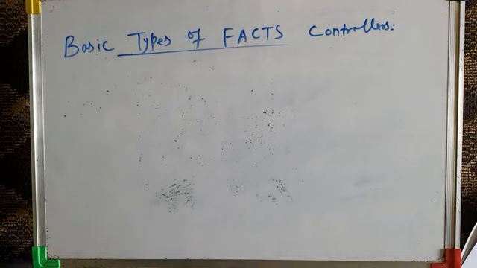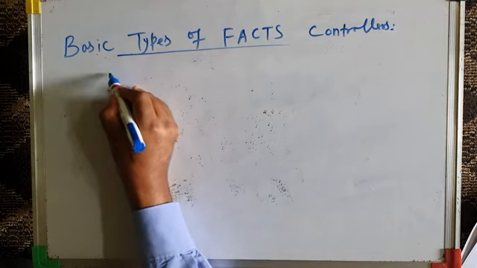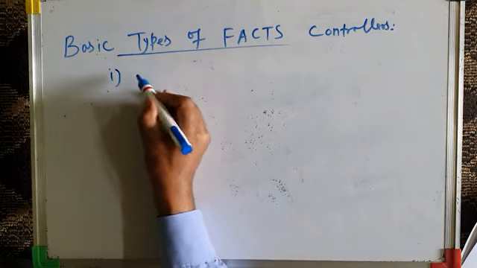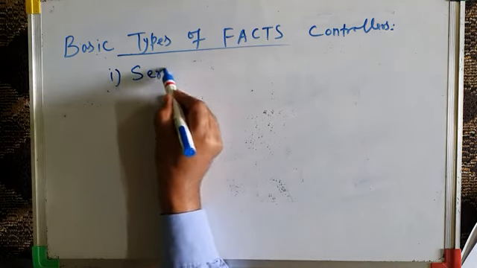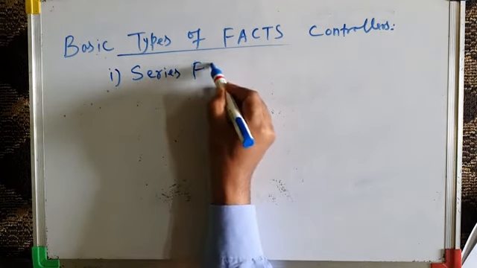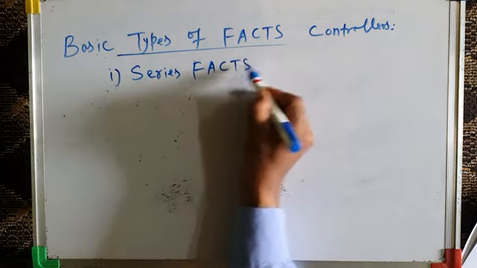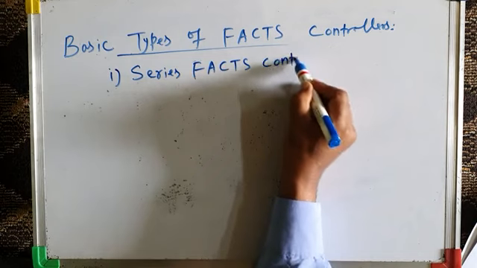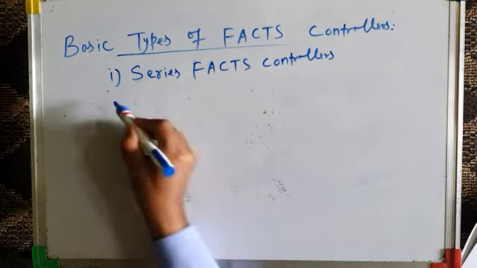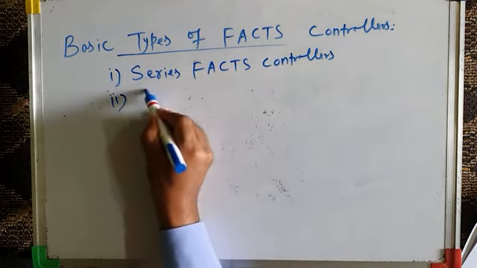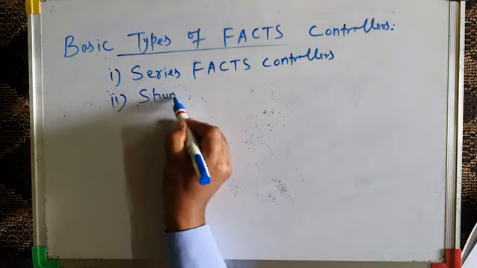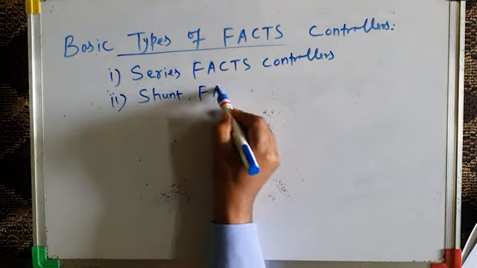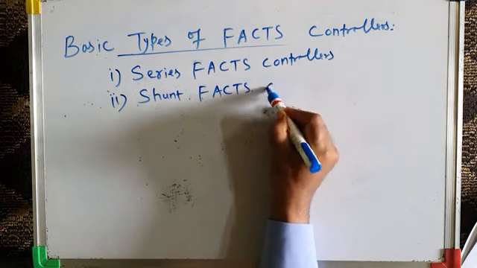Broadly, various types of FACTS devices or FACTS controllers are categorized as number 1, series FACTS controllers. That is the first classification. Second classification is shunt FACTS controllers.